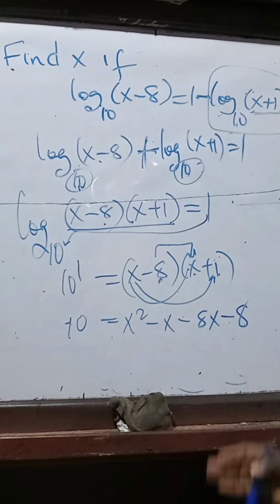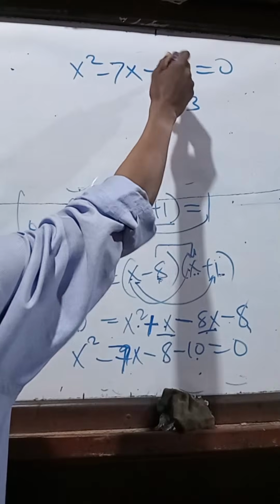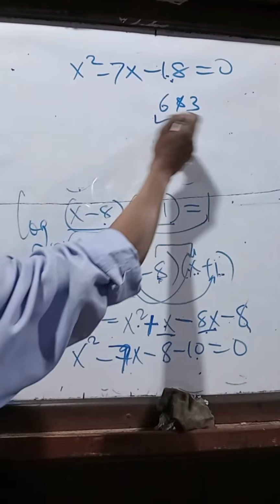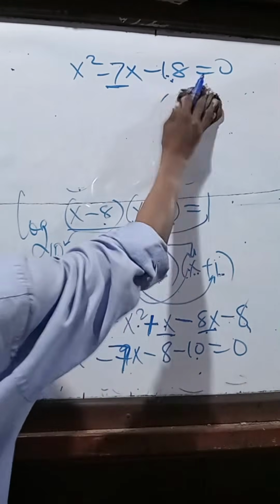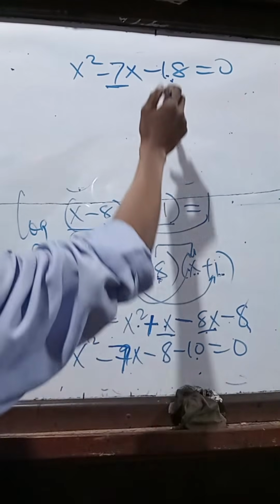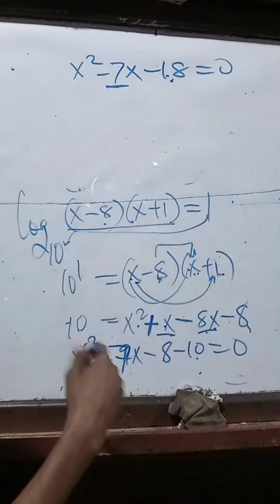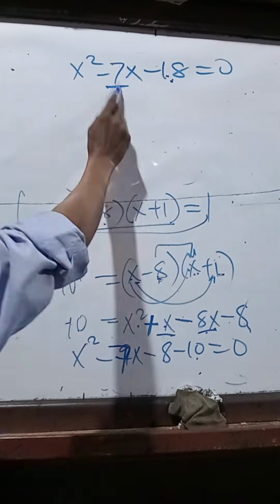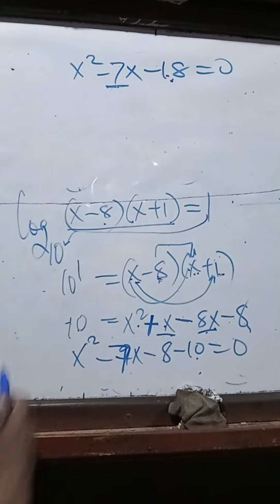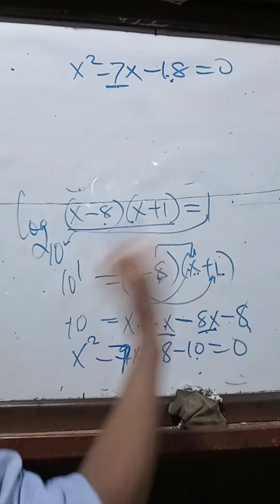This is a quadratic expression. We can pull everything together in one side. 18 is 6 and 3, but 6 and 3 can never give us 7, either by adding or by subtracting. So the factors of 18 will be 9 and 2. That can give us what? It will give us minus 7. So that will be plus 9 minus 2.